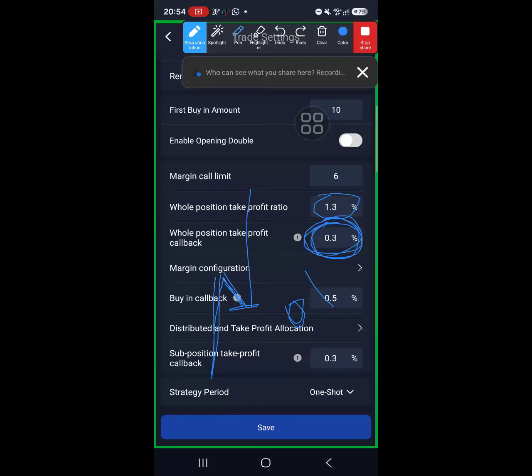But there are some who say, once my 1.3 has been reached, don't waste time, robot. Don't waste time. Sell it, please. So some will put 0.1 here, so that on any slight drop of the price, the robot sells and gets out of the market. Some will use 0.01.